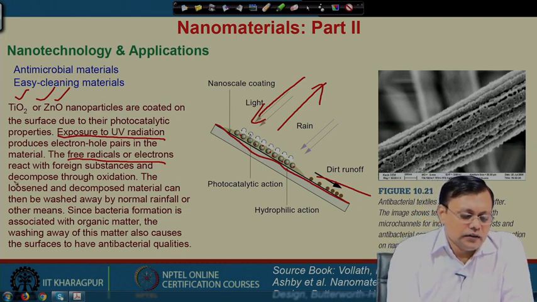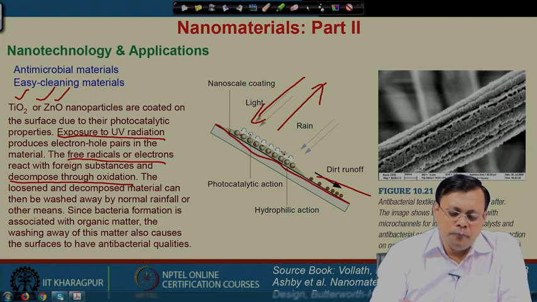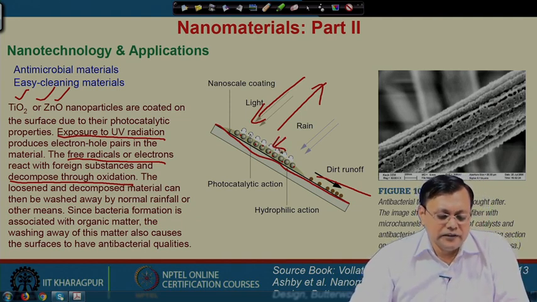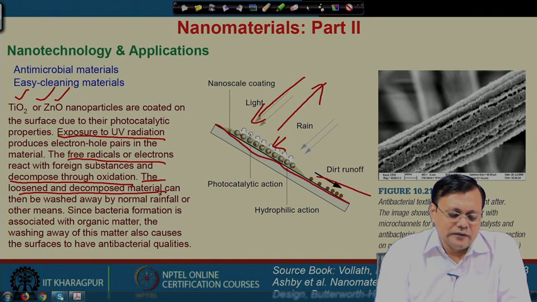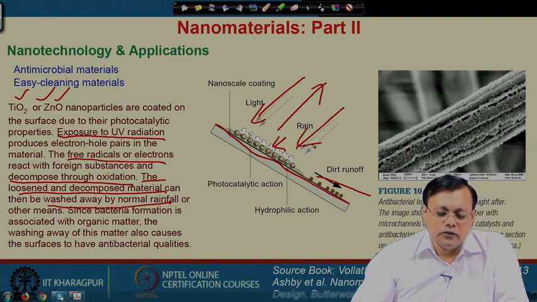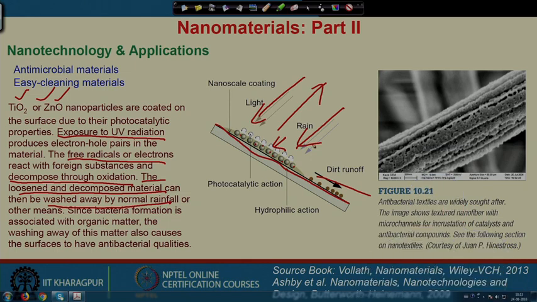They assist in decomposing those harmful particles on the surface by oxidation. The loosened and decomposed particles can be washed away during normal rainfall. Every 2 or 3 months there will be rainfall, and so these particles will go away.